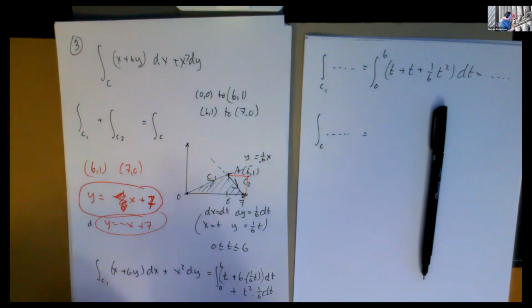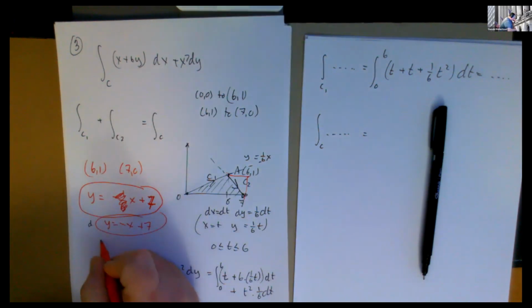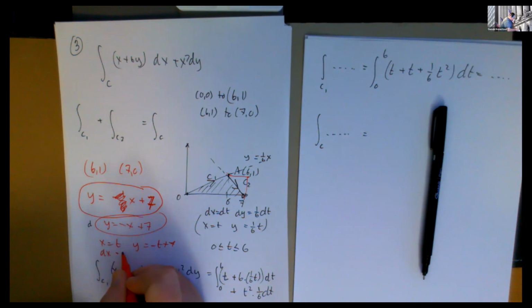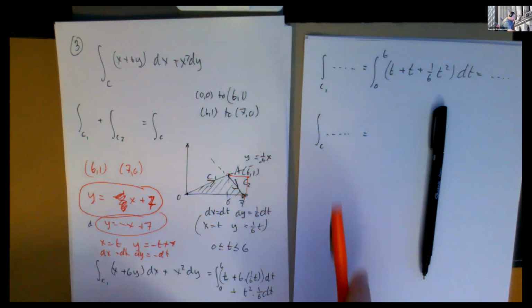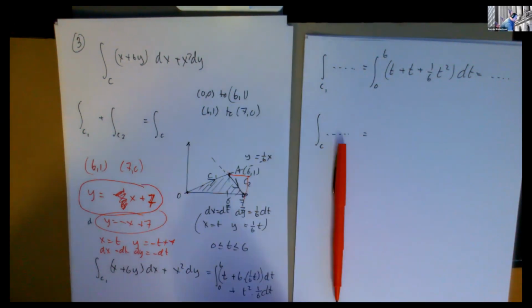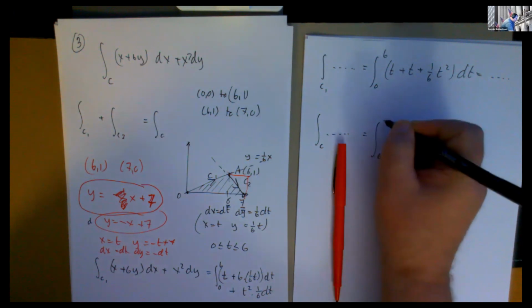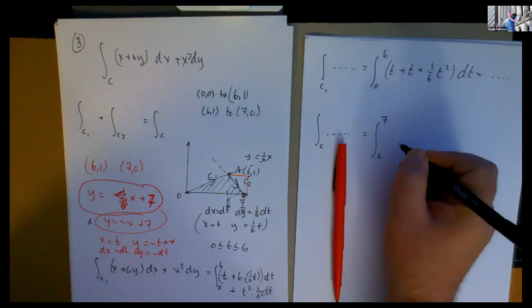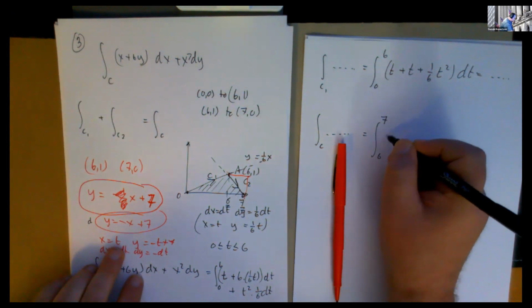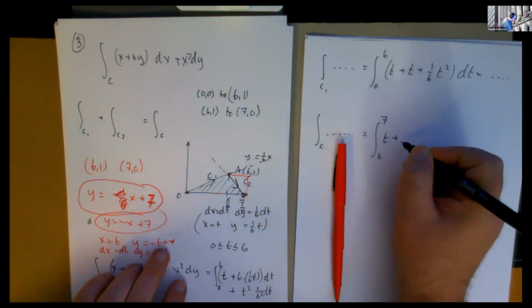So there's that guy. So x is going to equal t and y is going to equal -t plus 7. So dx is going to be dt and dy is going to be -dt. And the t's are going to go from 6 to 7. Instead of x plus 6y, I'm going to have t plus 6 lots of this fella.